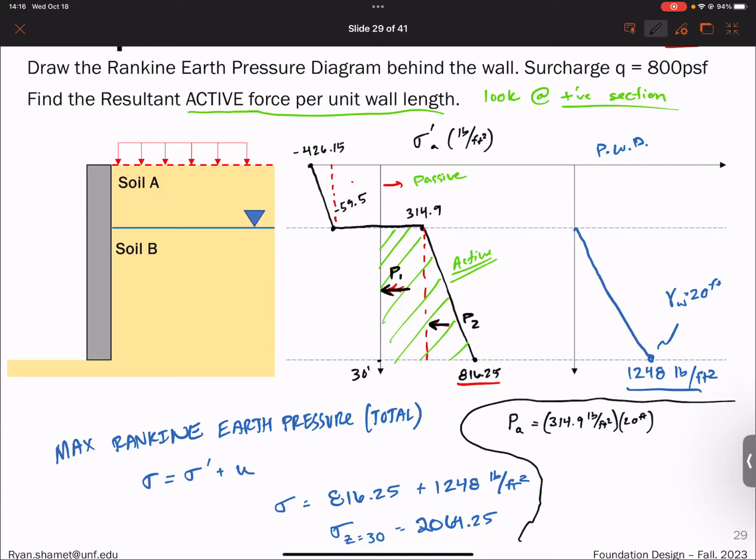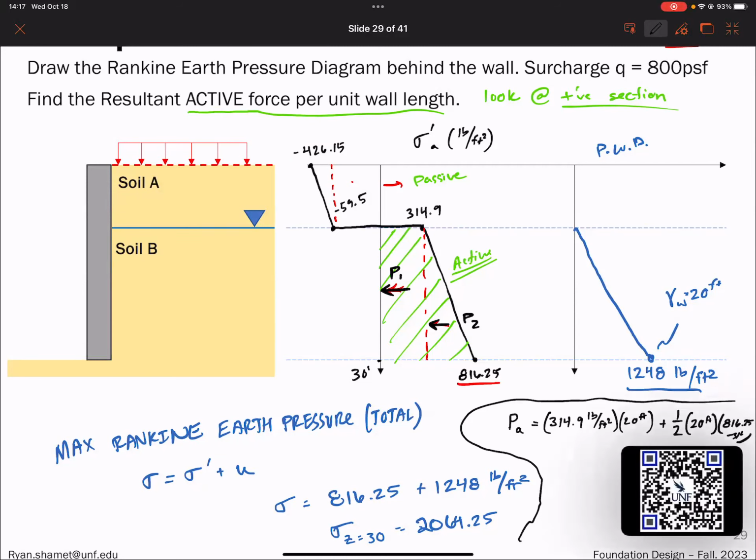And then plus that P2, which is that triangle. So that is going to be 1/2 times the base, which is 20 feet, and then times that height, which is 816 minus 315. Sorry, I'm running out of room here.